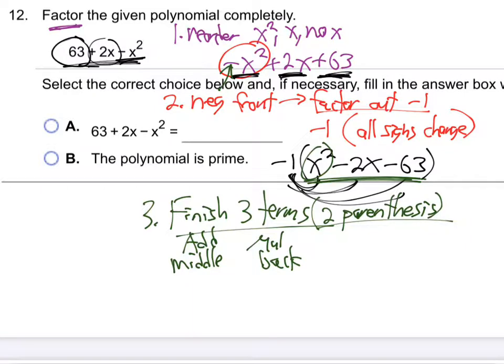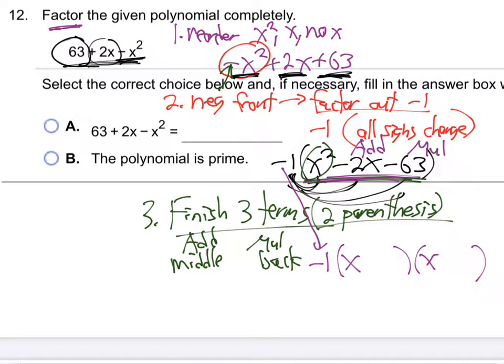So I'm going to say, okay, now the minus 1, he's still there. But now the 3 terms are going to break into 2 parentheses. Minus 1's still there. Remember, we put x's in the front. And we say, what multiplies to be minus 63 and adds to be minus 2?